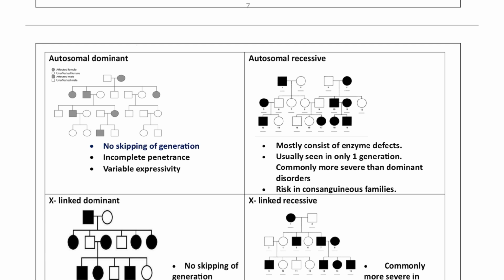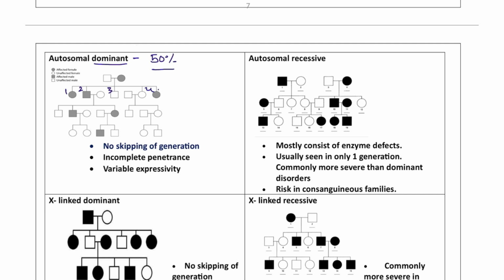Classical Mendelian patterns on pedigree charts. You have to understand autosomal dominant: these patients have a 50% chance for each individual. Here you can see the total number of children: one, two, three, four.